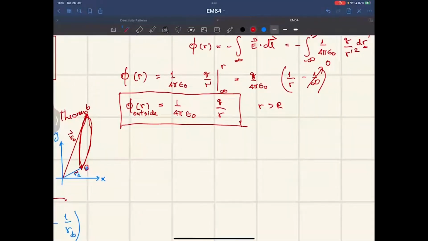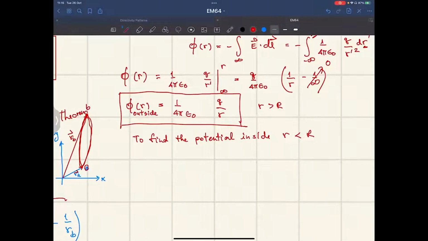Okay, now let's consider this. We want to find the potential inside, where r is less than the capital R. Let's think about this.